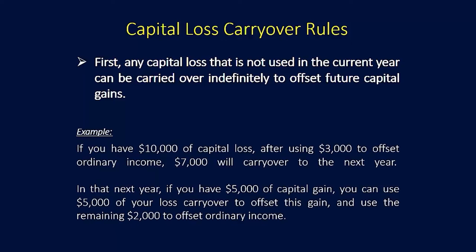For example, if you have $10,000 of capital loss after using $3,000 to offset ordinary income, $7,000 will carry over to the next tax year. In that next year, if you have $5,000 of capital gain, then you can use $5,000 of your loss carryover to offset this gain and use the remaining $2,000 to offset your ordinary income.